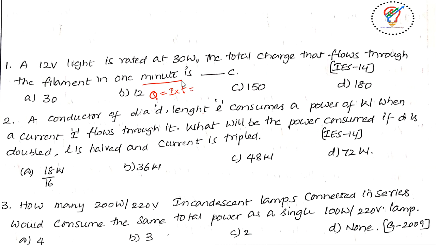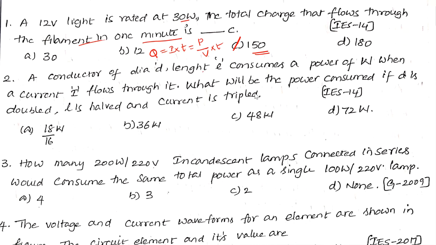Current depends upon the given data. Here power is given, voltage is given, so it can be written as P by V into T. Just substitute these values and we get the answer, 150 coulombs. This question was asked in the IES 2014 electrical paper. Simple question.